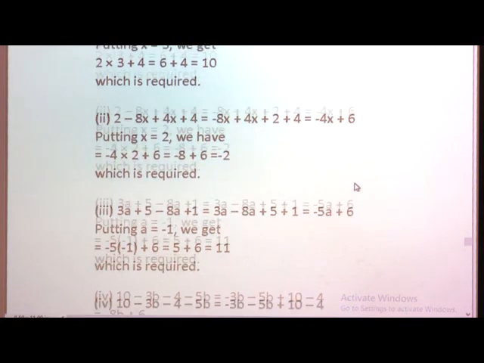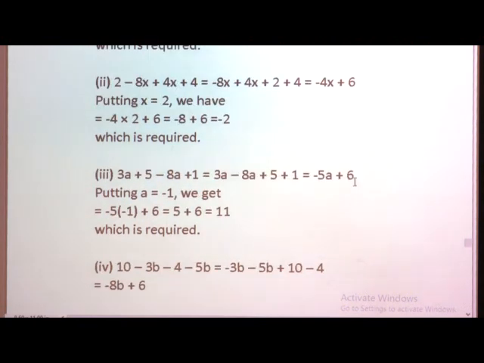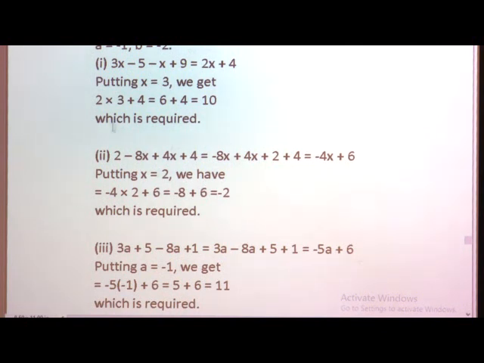Now, we have some expressions where the values are given, with a variable as a. We have to follow the same steps, but we know the value of a is minus 1. So, we will try to solve this expression, and you will understand how to write it step by step.